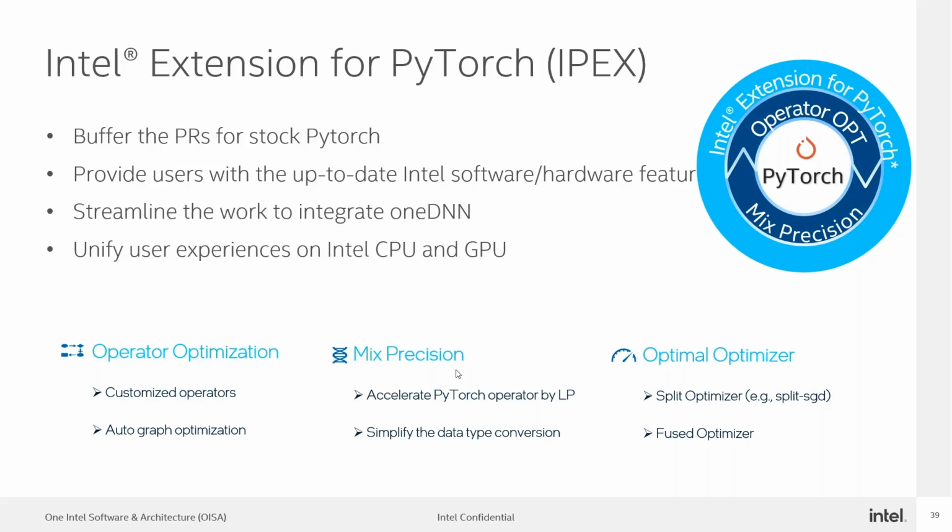Furthermore, we have the optimizer. Here, the optimizer is not from the performance perspective. It is for training, like Adam, SGD. So we also optimize these training optimizers in IPEX, like we introduced split optimizer, and we also have some fused optimizers inside IPEX.